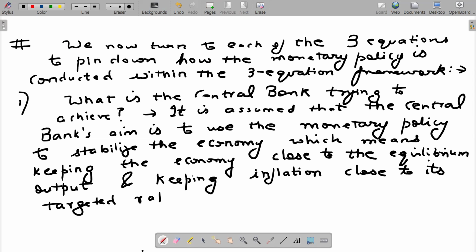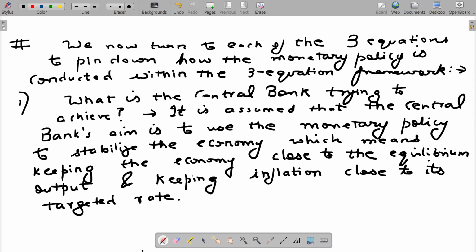Every economy has a given target rate of inflation. For example, the UK economy has a target rate of inflation of generally around 2%. And different economies have different target rates of inflation.